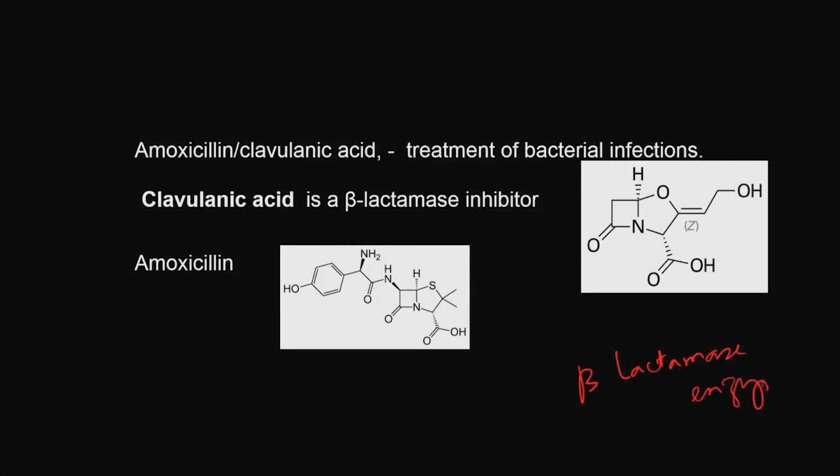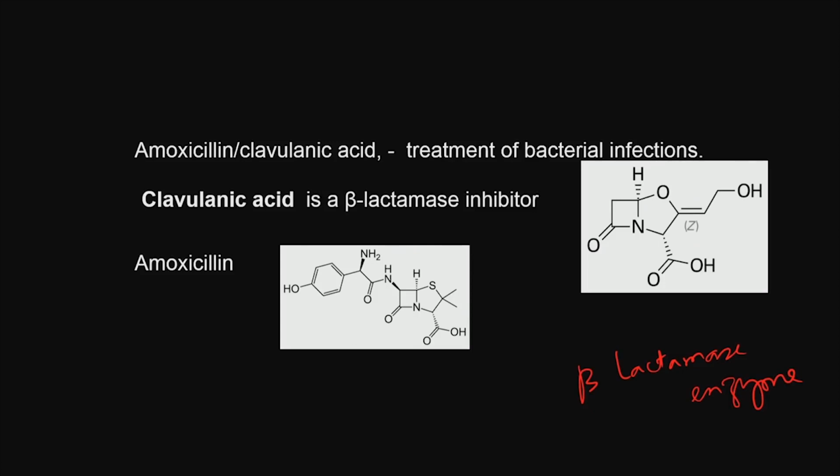That enzyme produced by the bacteria started breaking this beta lactam, thereby the antibiotic becomes ineffective or it loses its activity. The bacteria started developing this particular enzyme, and this enzyme will break this structure. So, the antibiotic loses its activity.